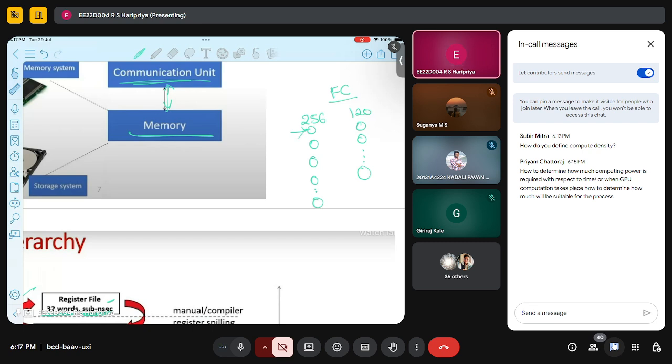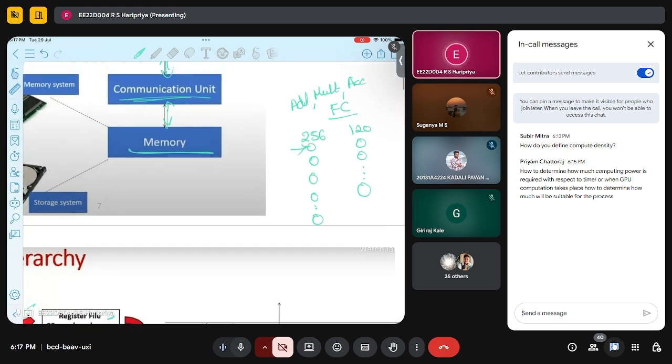How many additions or multiplications, and how many accesses to the memory to fetch the input as well as the weights, all this contributes to the complexity of the computation.